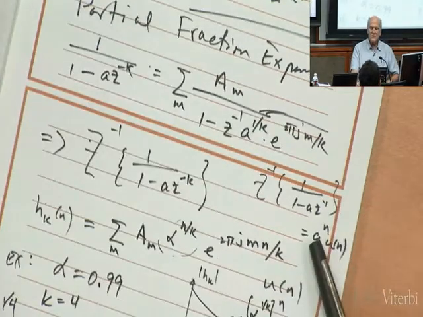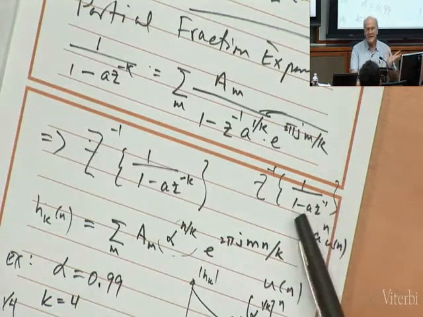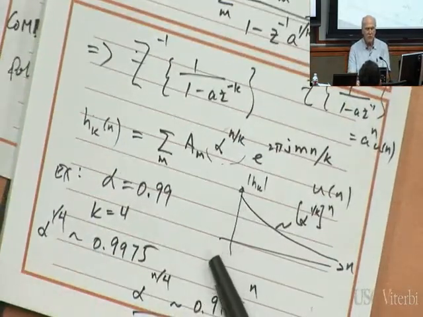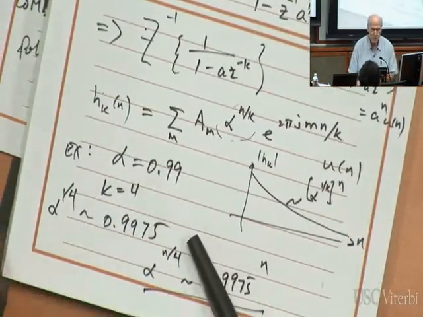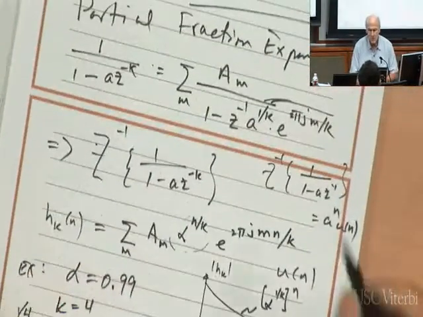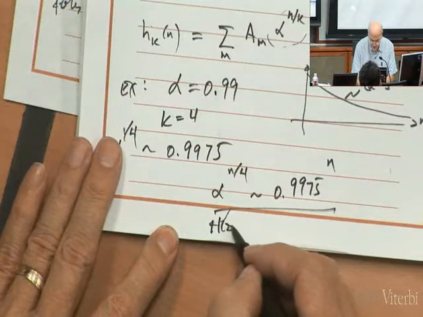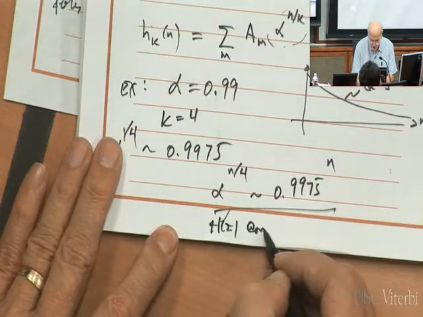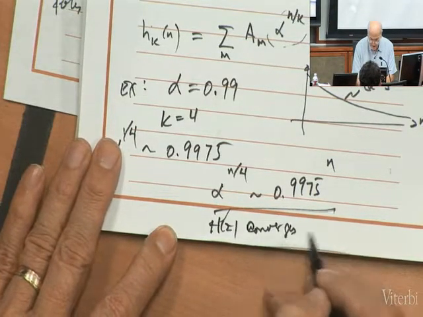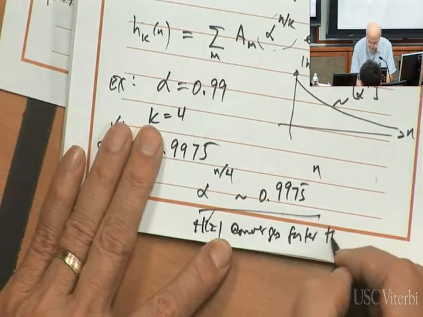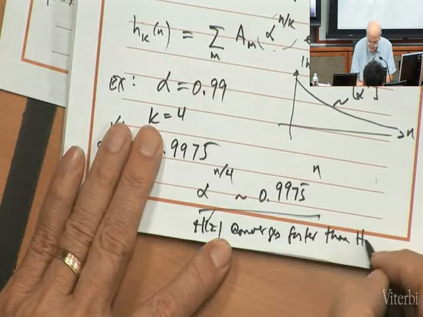So this also takes time to decay, but it decays with A as opposed to A to the 1 over 4th power in this case. So H of z generally converges faster, for this case, than H sub K of z.